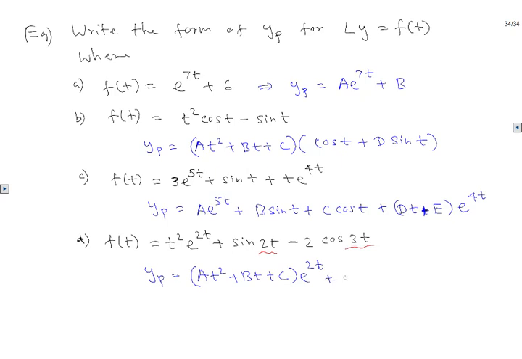Now for sine, you can write d sine 2t plus e cosine 2t, and then for the next one you can write f sine 3t plus g cosine 3t. So there are a lot of unknowns here. Okay, that's the form.